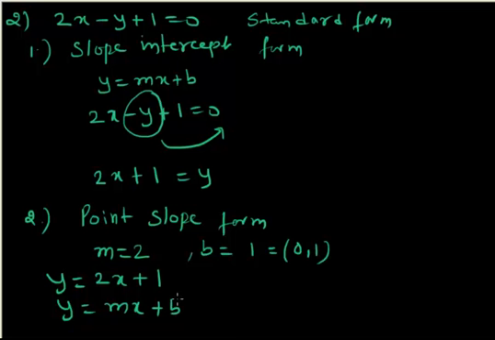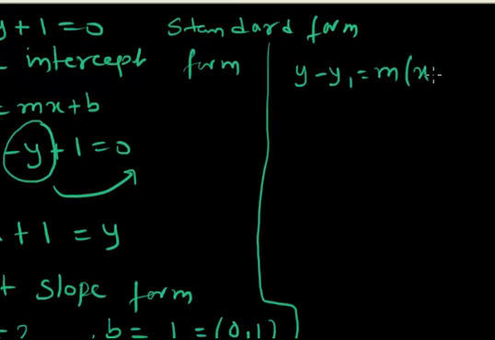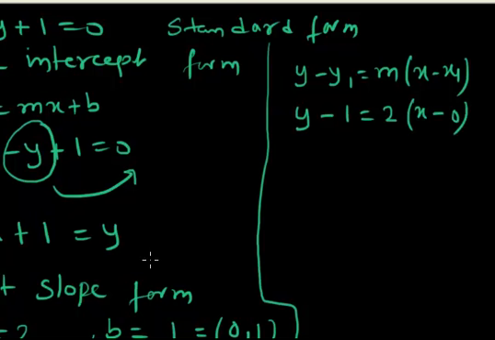So I have one point and I have the slope also. So the point-slope form for my equation can be written as y minus y1 equals m times x minus x1. So I have y minus 1, my y1, equals m, which is 2, times x minus x1, which is 0. This is the point-slope form corresponding to the given equation.